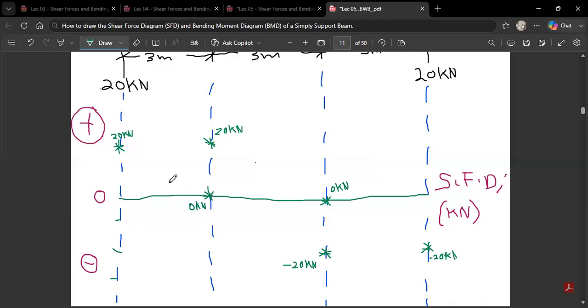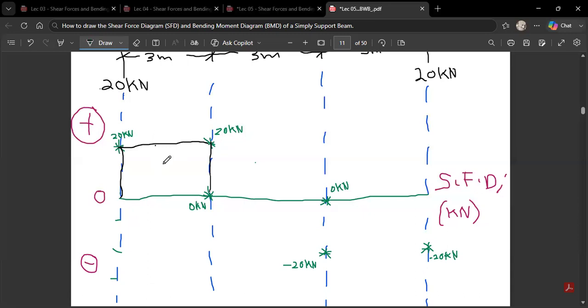So from here, we can just join it. We join it and then we shade. Do you understand me? Yes, so let's join it and then let's shade. Let me use a different color pen to join and shade it so that at least your understanding can be enlightened. So I join this one to this, like this. Join this to this.